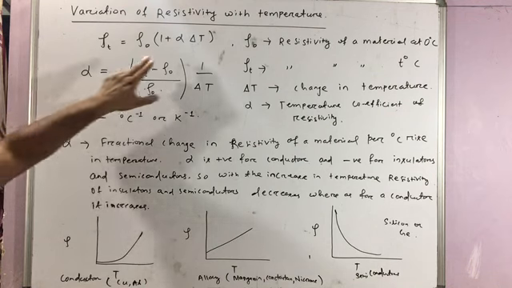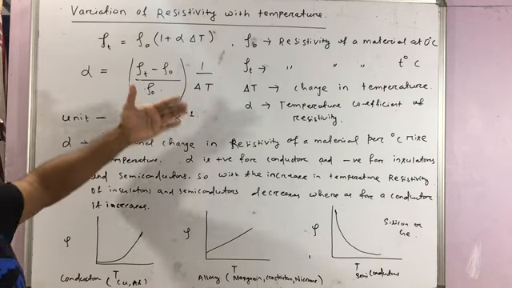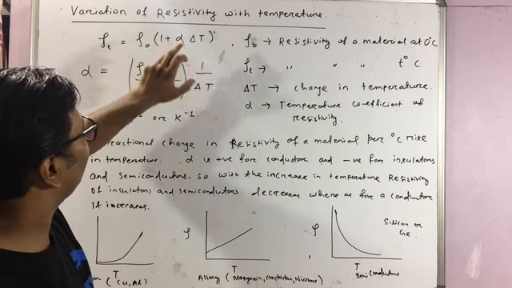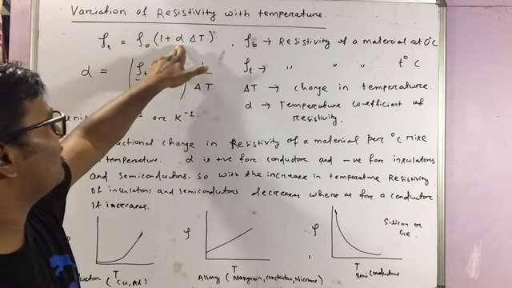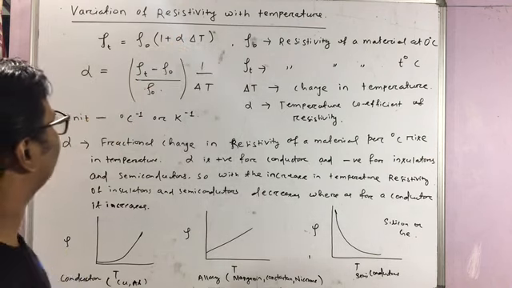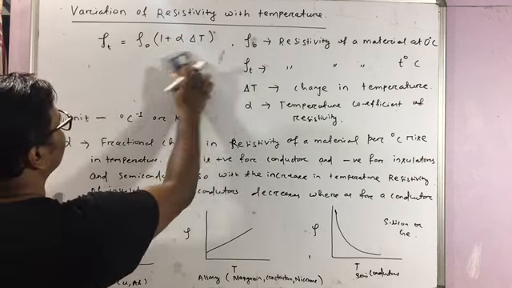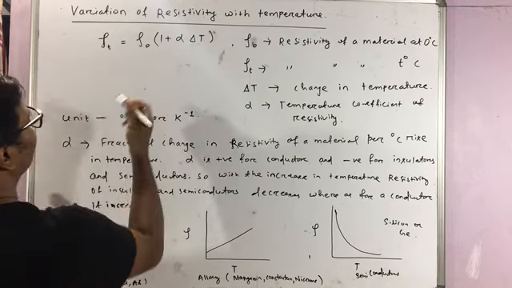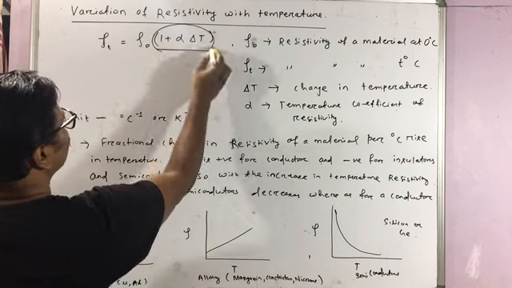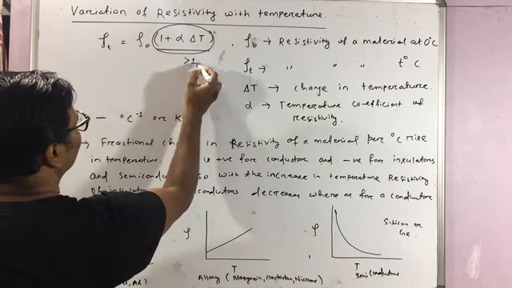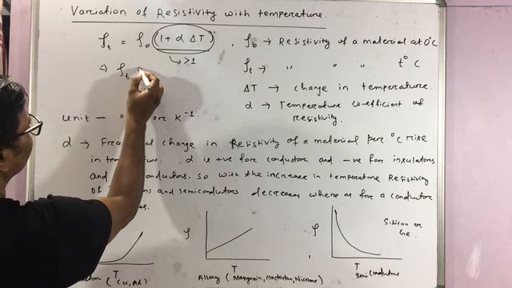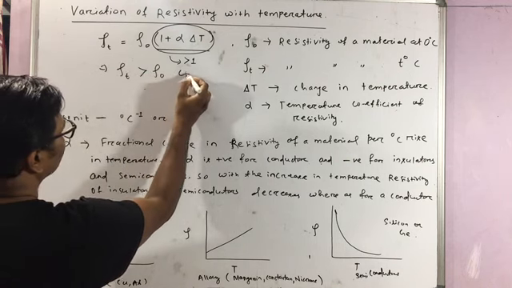Now see, the value of alpha for conductors is positive, and for semiconductors and insulators the value of alpha is negative. For conductors, the term 1 plus alpha delta T is greater than 1, which implies rho T must be greater than rho 0.